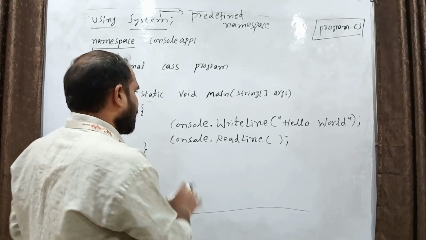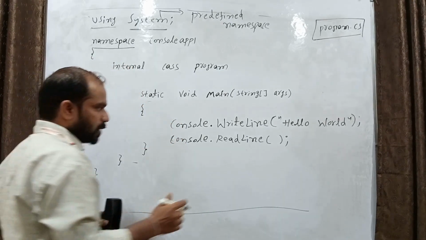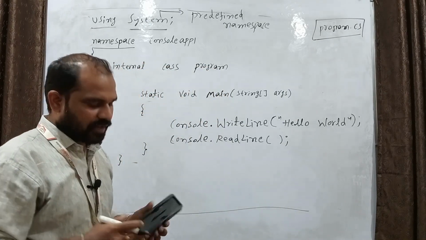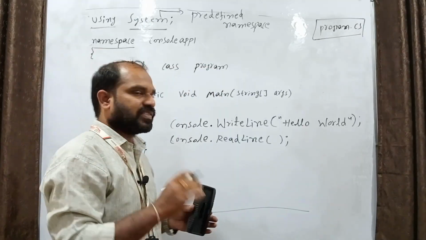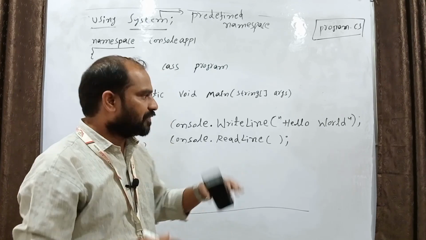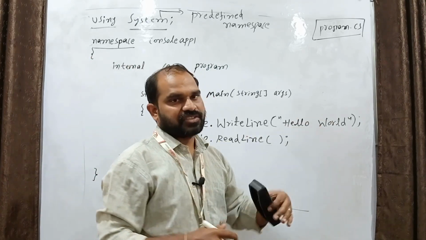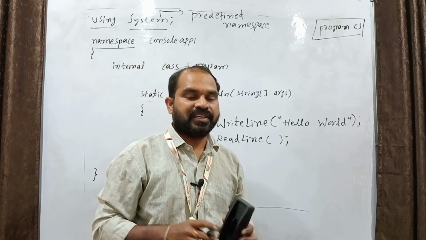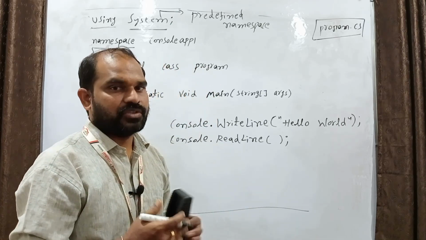So if you execute this program, you can observe this data getting printed on the console, or on the command prompt, and we can observe the cursor which blinks after printing of this text. In the next line, the cursor will wait. What is it waiting for? It is waiting for user data, user input.